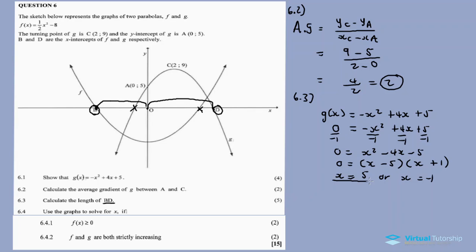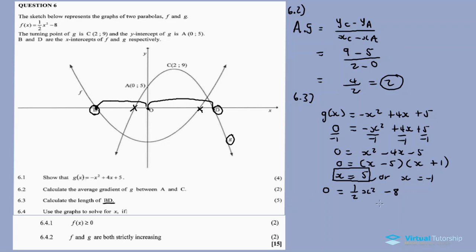So x is equal to 5, or x is equal to minus 1. Since we are told that g is this concave down function and D is the positive x-intercept, the distance from 0 to D is in fact 5. Then I do the same thing for f to get its x-intercepts. I let y be equal to 0, so I get 1 over 2 x squared minus 8.